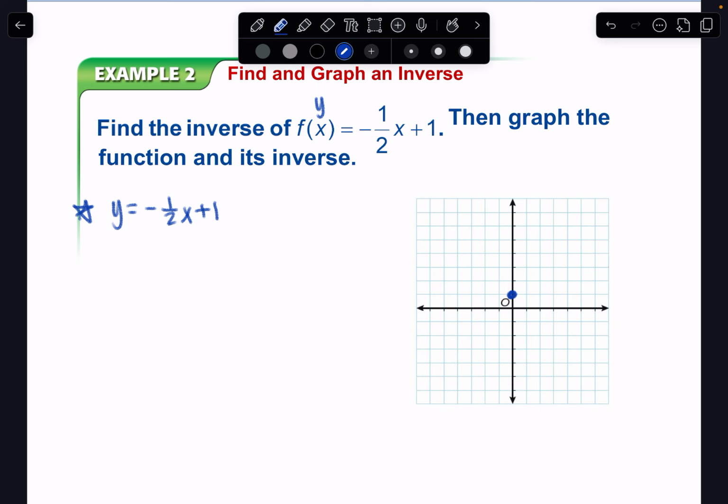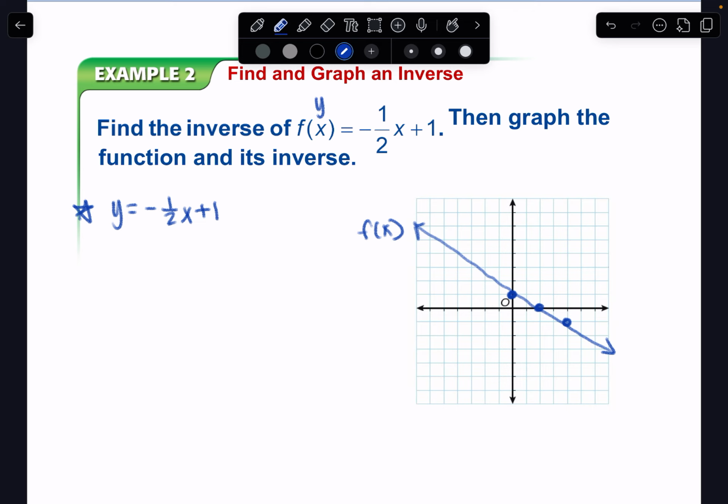Then I have a slope of negative 1/2, which means I'm moving from that point down 1 and then to the right 2. And then I would continue that pattern of moving down 1, to the right 2. If it's a negative slope, I know that my line is going to be decreasing. So this is my normal function that was given to me.